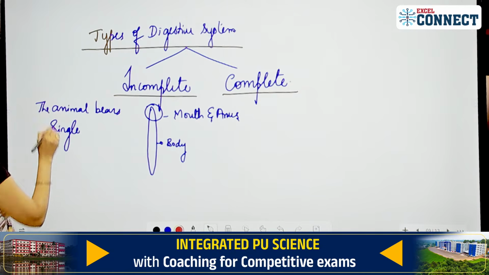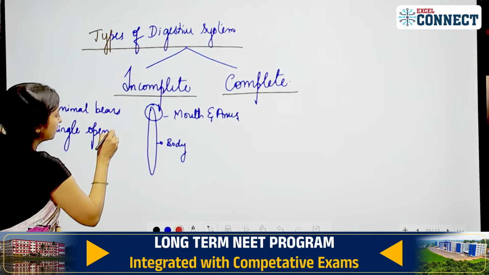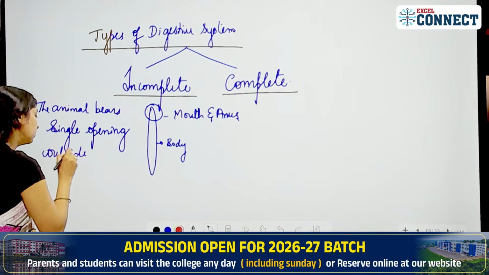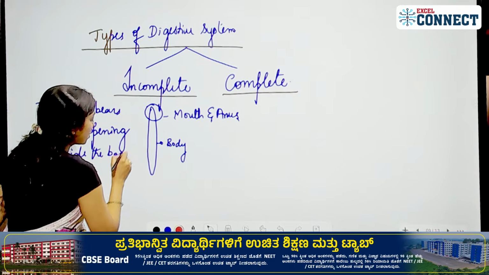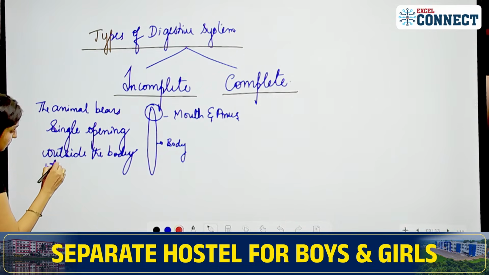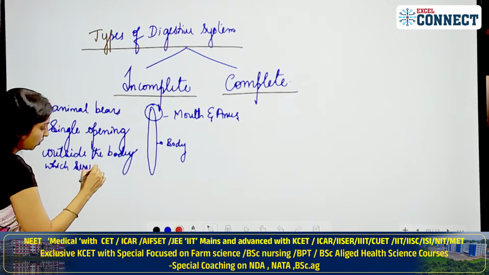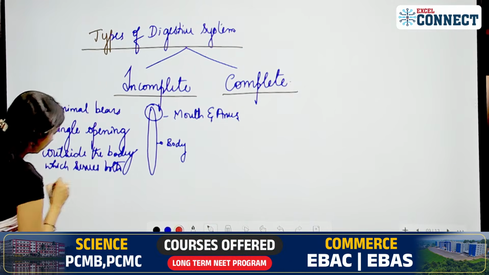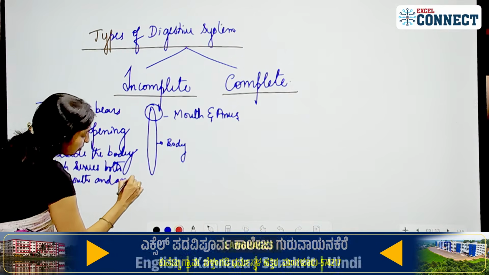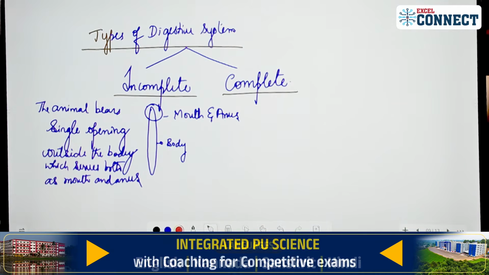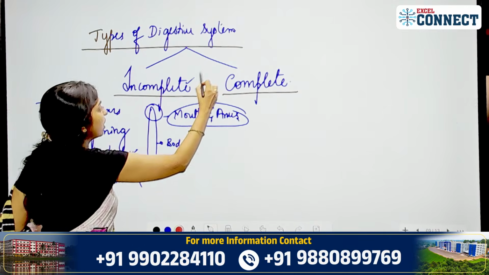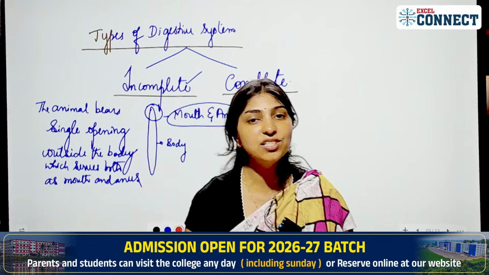The animal bears a single opening outside the body, which serves both as mouth and anus. If they have one opening that acts as mouth and anus, then the digestive system is called incomplete digestive system.